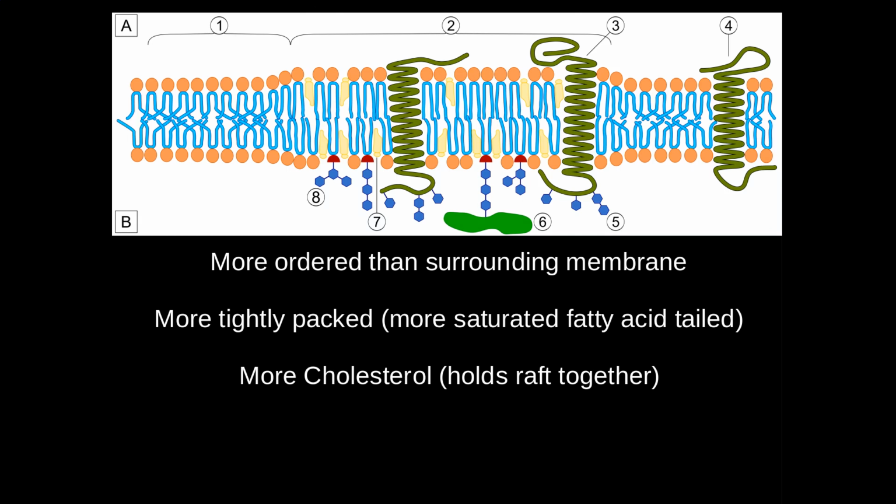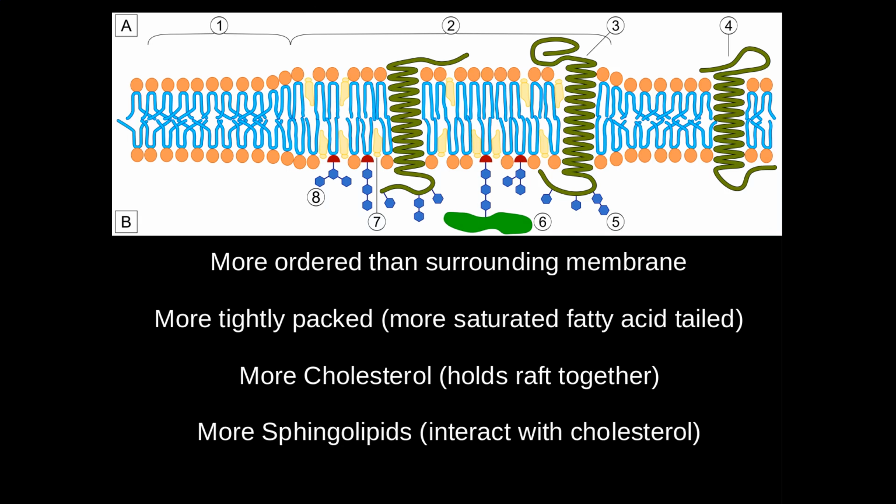The cholesterol is interacting with the surrounding phospholipids in order to help stick that part together. But also, there are a lot of sphingolipids in these lipid rafts as well. The sphingolipids specifically are interacting with the cholesterol and, through that means, also helping to hold this lipid raft together.